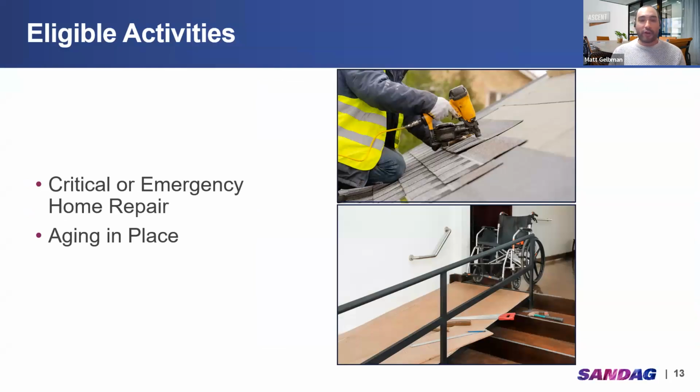We also have critical or emergency home repair, which really includes extensive interior or exterior work performed to address health or safety issues or code violations. It could include repairing components of the structure, such as the roof, foundation, ceilings, windows.